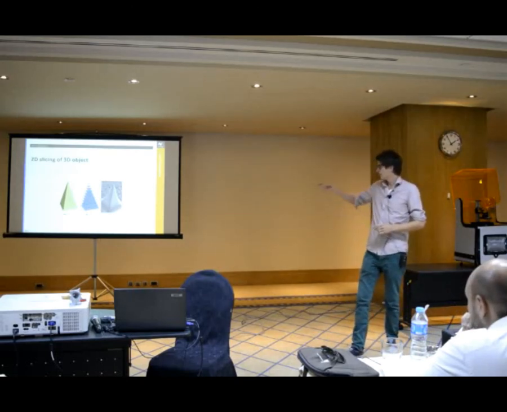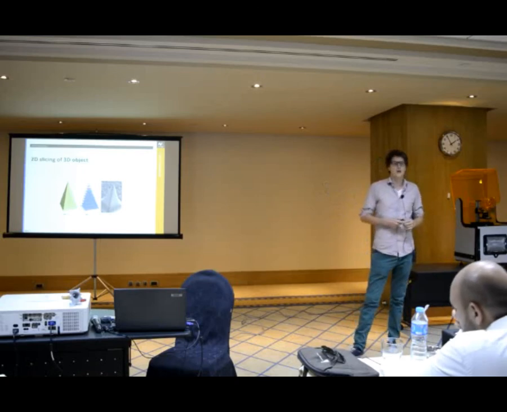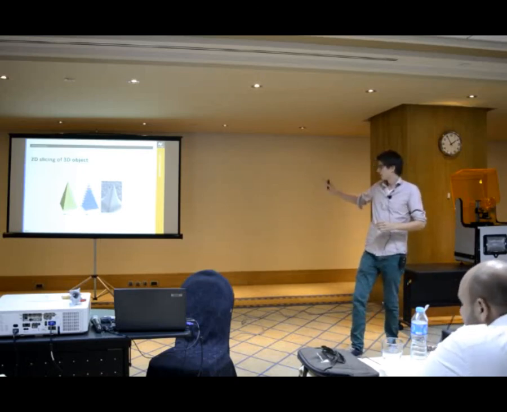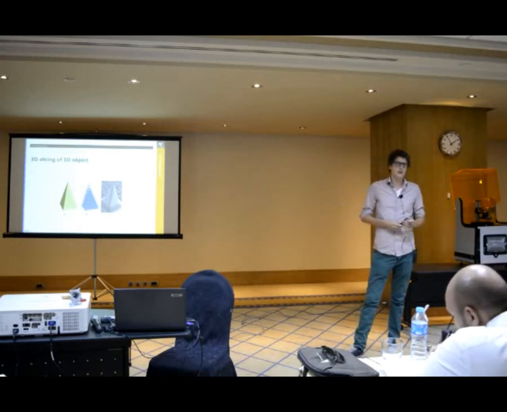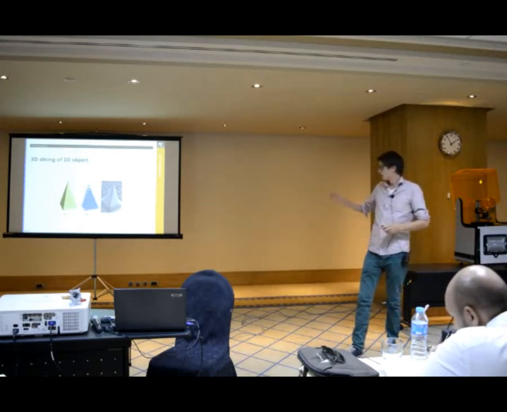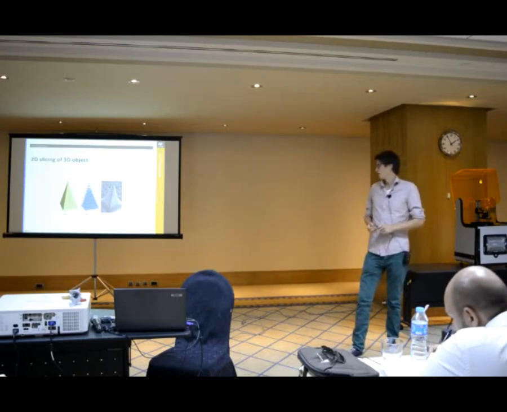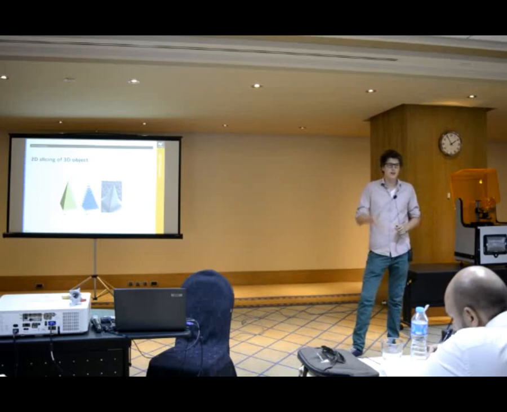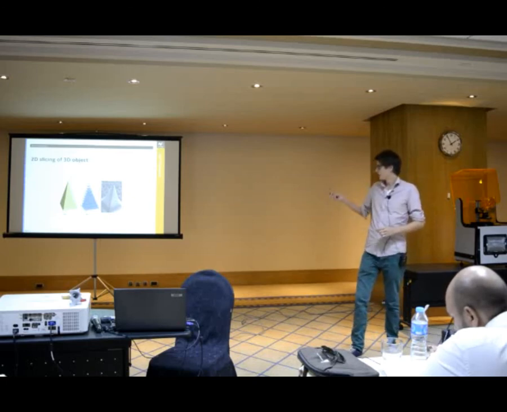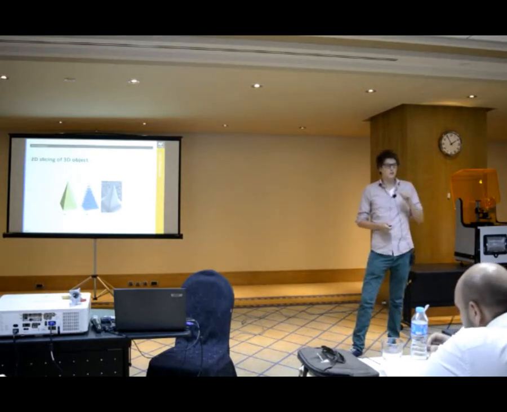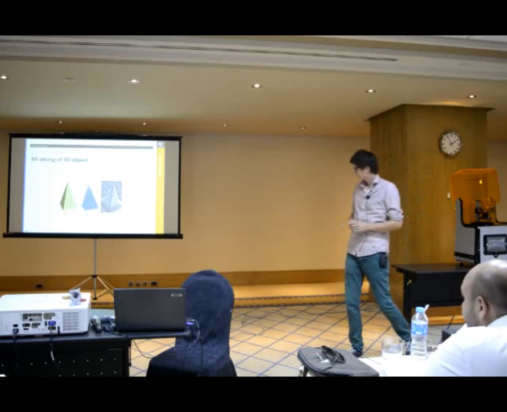As you can see in the third image, you finally get a 3D printed object. This image is made with an electron microscope, and the width of this pyramid is about 500 micrometers, so that's half a millimeter. You do not see the individual slices anymore, so it has a very high resolution.